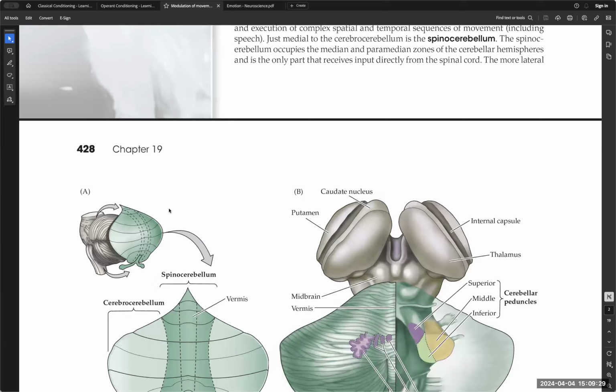So I think we have a clear set of understanding. In general, the information that comes ipsilateral to the cerebellum and the information that comes contralateral to the cerebellum, what is it?